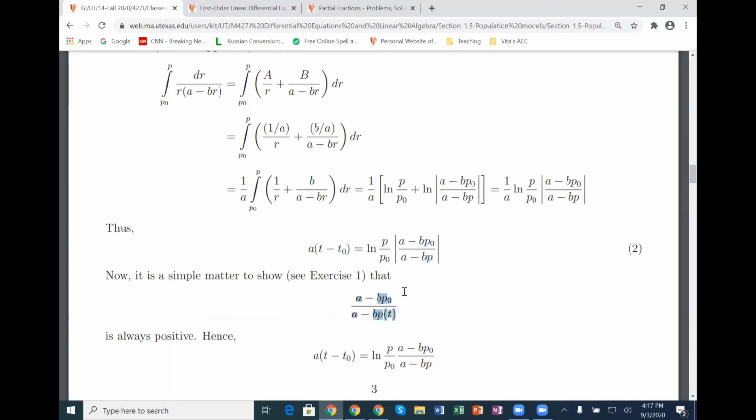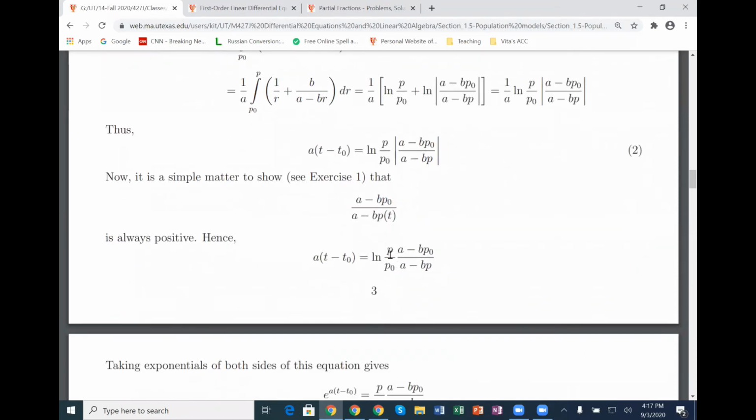So this is fundamentally the same as this. We just replace P by P of t. In exercise 1, we show that this is always positive. Therefore, we can skip the absolute value. Done.